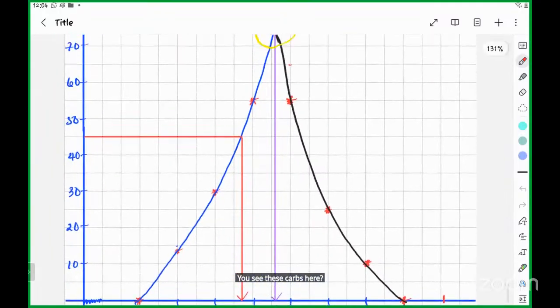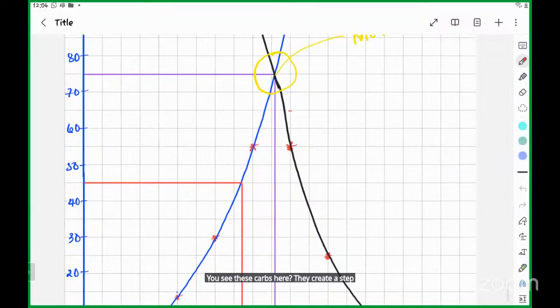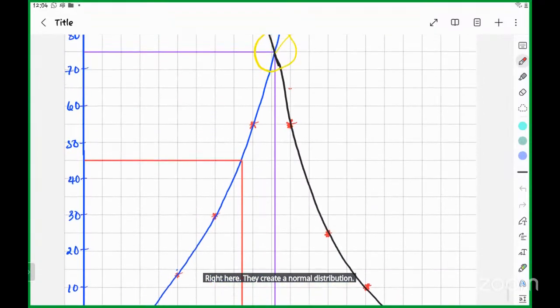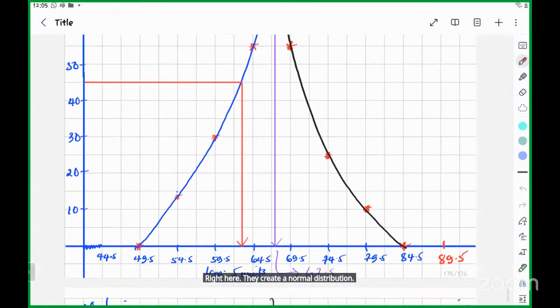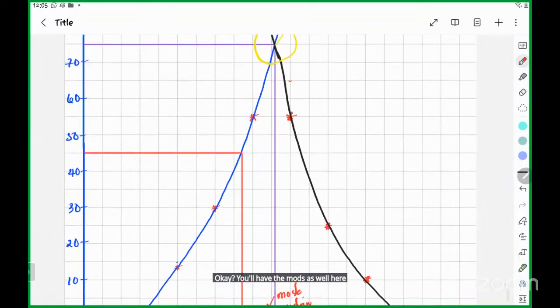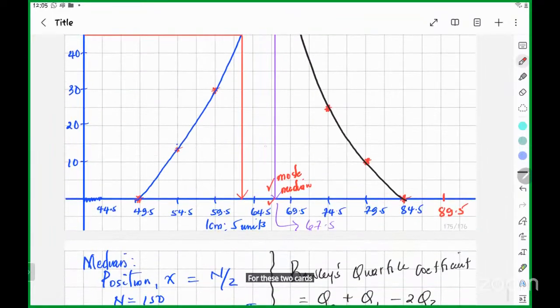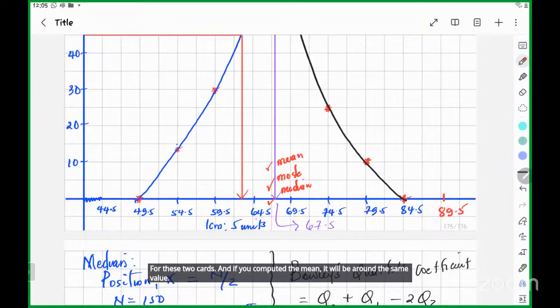They create a steep right here. They create a normal distribution. You have your median here, okay? You'll have the mode as well here, because this is the highest frequency for these two curves. And if you computed the mean, it will be around the same value. Okay?